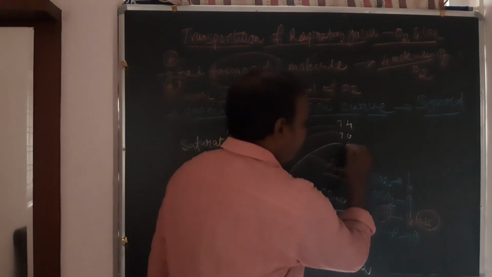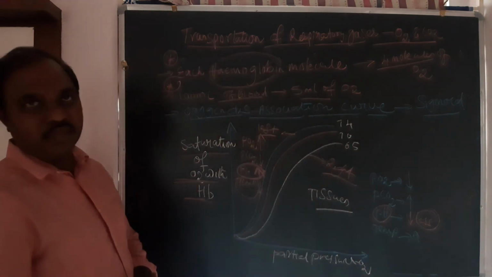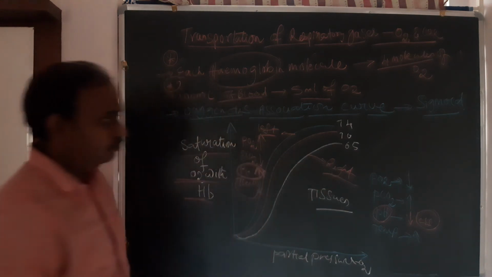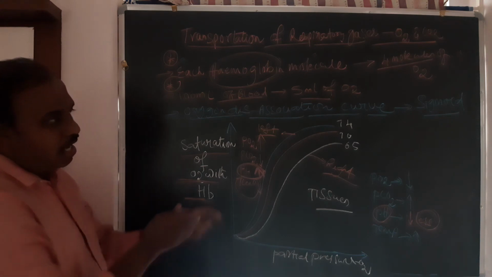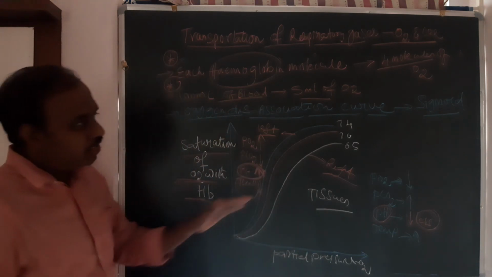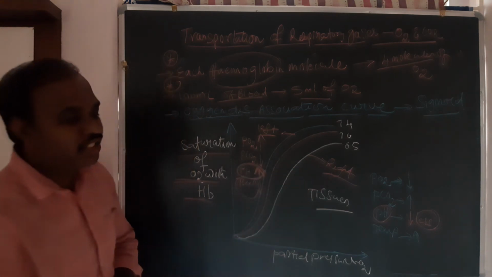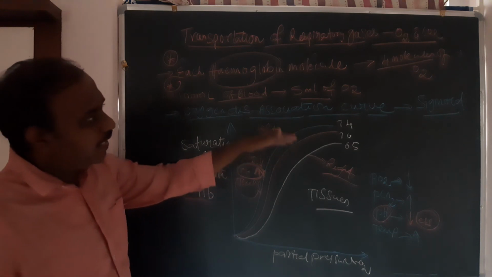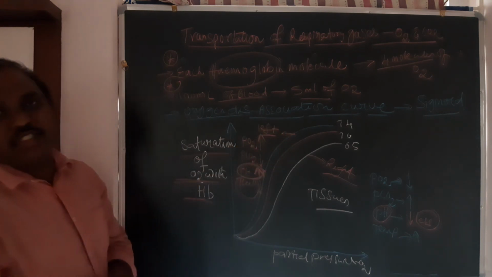Say for example, if the pH is 6.5, what does that mean? Decreasing pH allows the dissociation. Increasing pH allows the association.